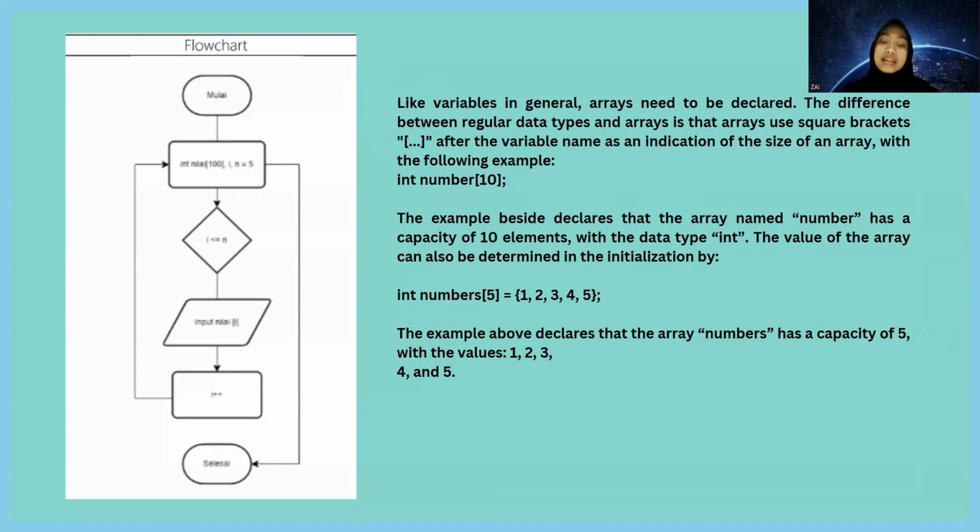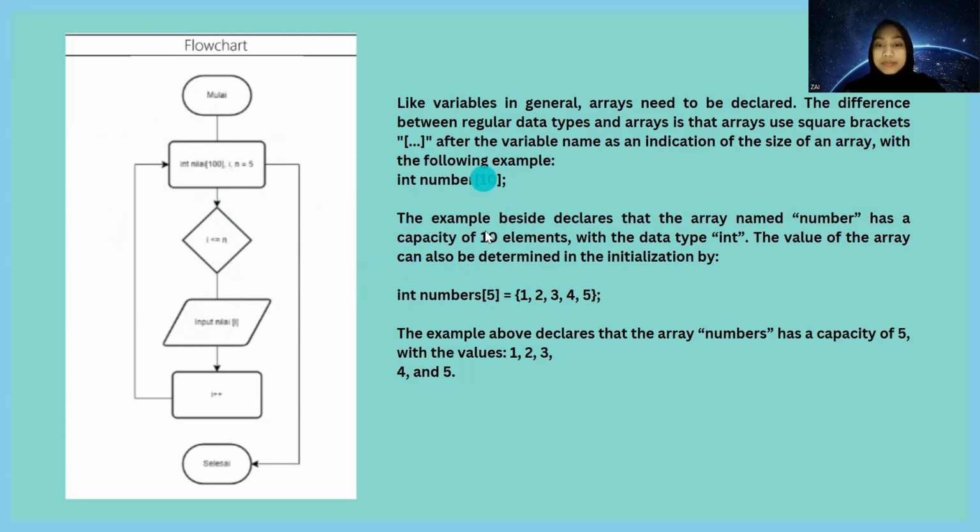The general form of array declaration is the data type, the array name, and the number of elements. Don't forget the semicolon. In this flowchart, first we use a terminator to start the program, of course. Then there is a declaration process where we can initialize the code. Next, we input data and have a looping process and run the code until the program ends, like this.